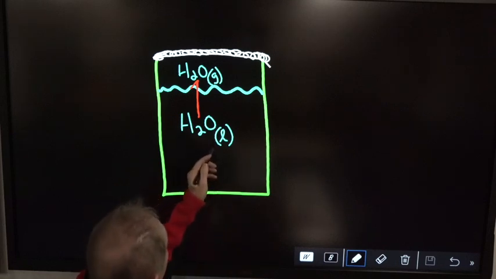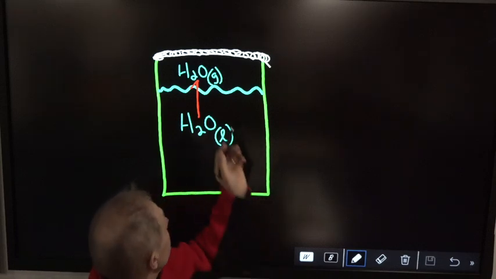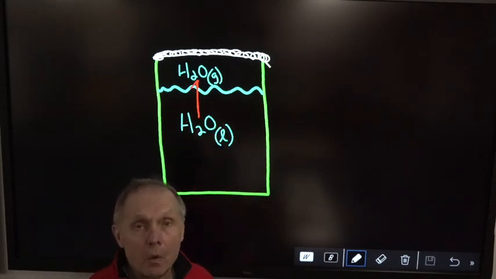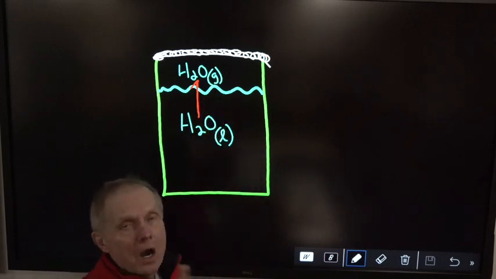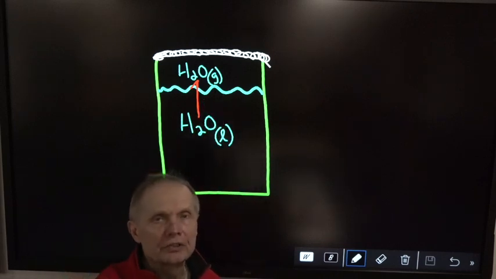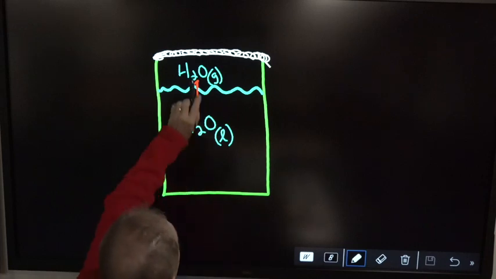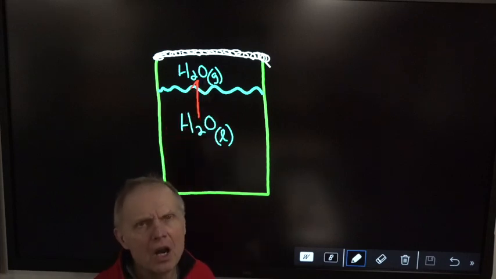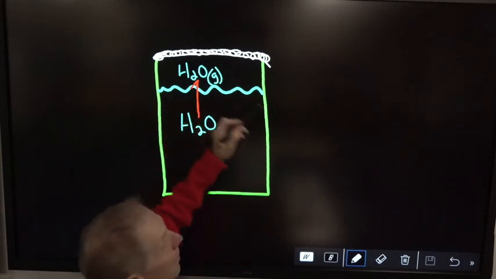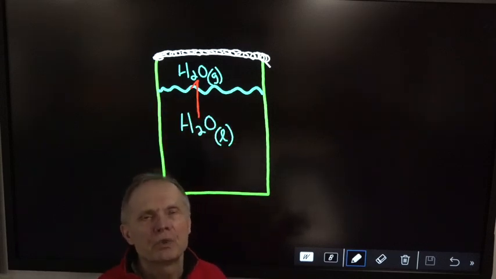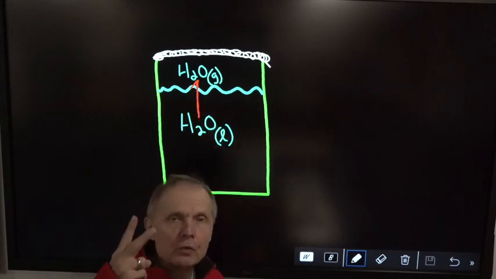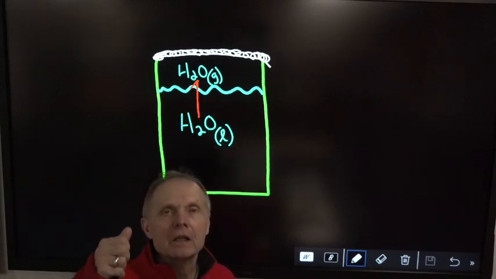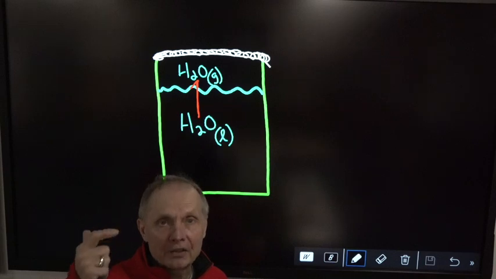So the liquid water is still evaporating to the gas water or the water vapor, and it will keep on going this way until the second rule is established. In other words, it keeps on evaporating until this whole area above the water is totally filled with water vapor. Once it's filled with water vapor, the two rules have been met: closed system and the products are saturated.